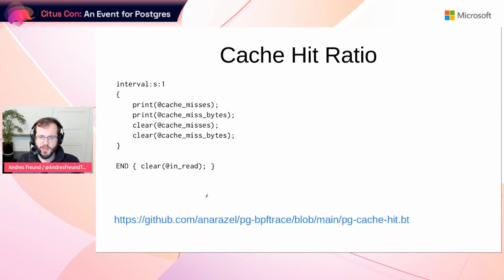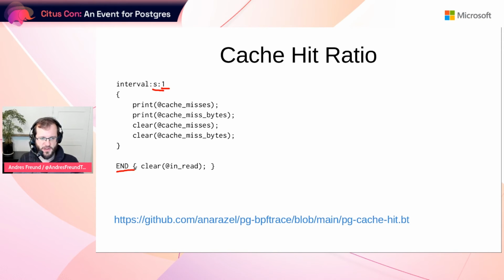I also mentioned that we can specify a few other things to attach actions to, and one of those is that we can specify intervals at which we want to do something. So here we say every 1 second, we print the statistics about cache misses and how many bytes those were, and then we clear them so the next second we start with a fresh start.